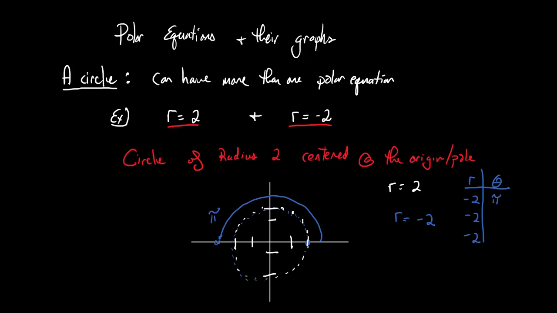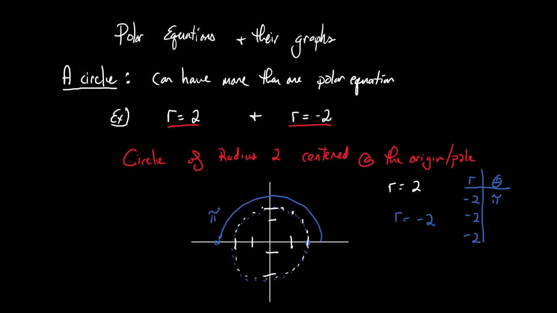And that's the reason why we can have a circle written in several different ways. But if we're going to write the equation of a circle in polar form, it is simply r equals 2 and r equals -2. We will learn how this can be shifted off the pole, but for right now, let's just work with something relatively easy.